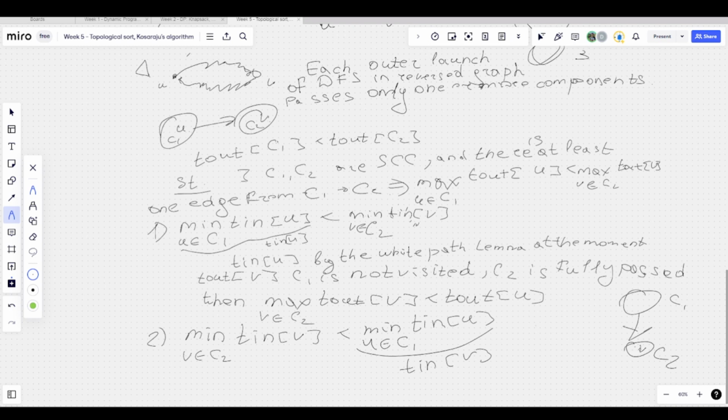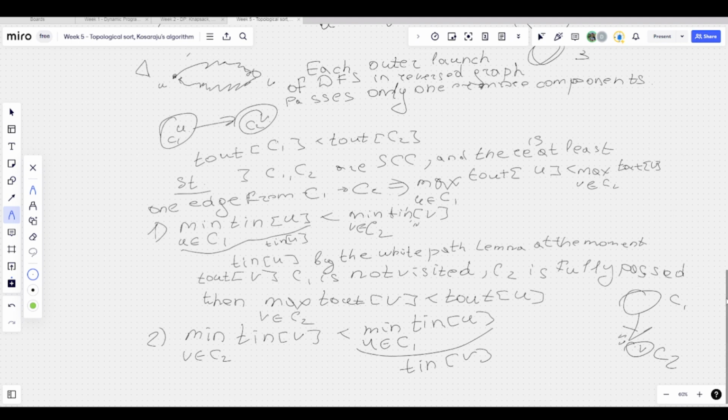Just like in the previous proof, if we consider that max t out of u is greater than max t out of v, we get a contradiction.